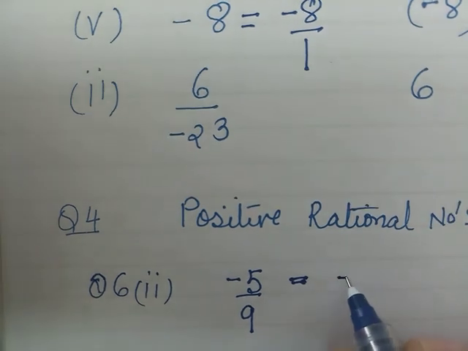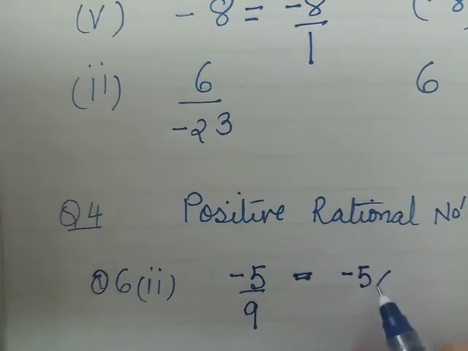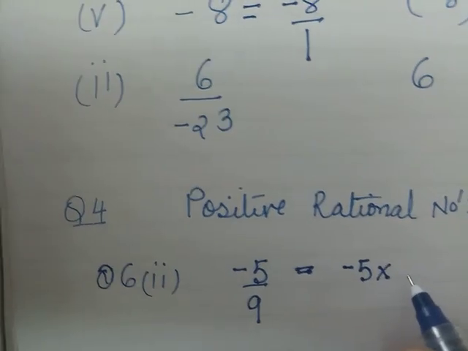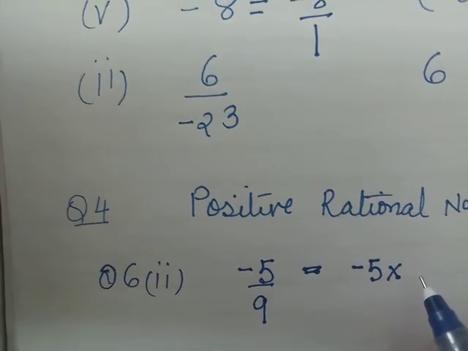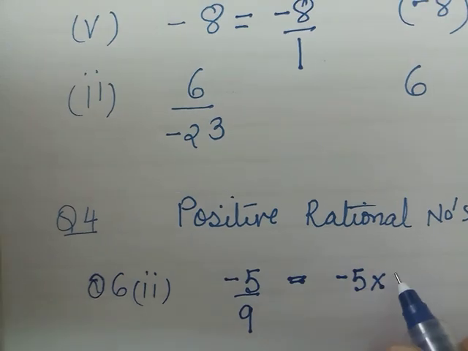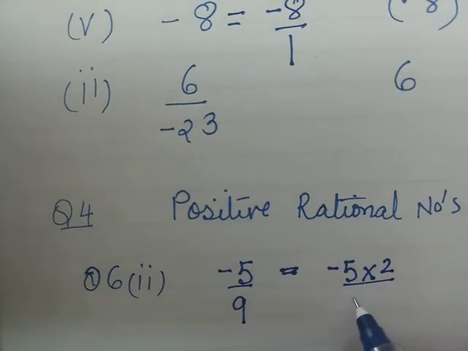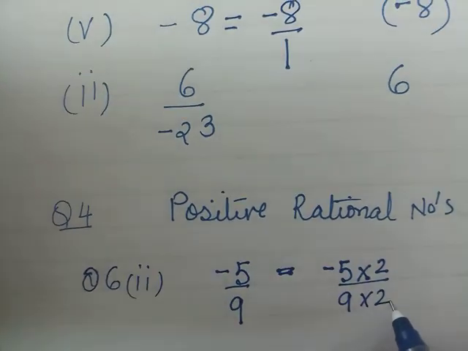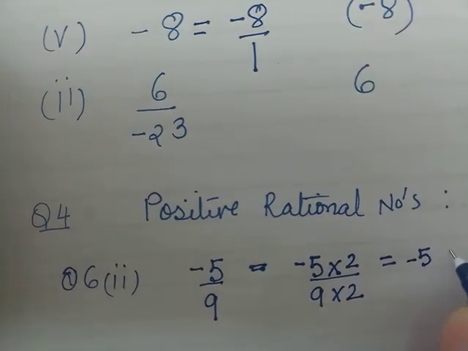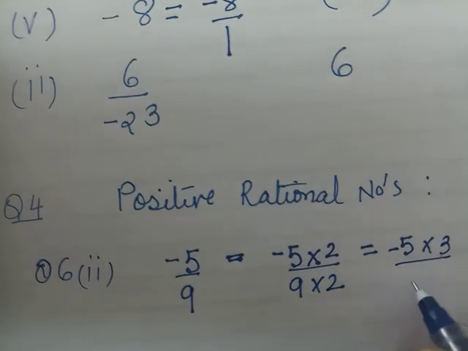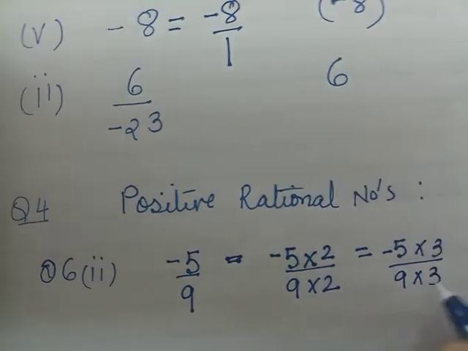To find equivalent rational numbers we can multiply by any number. Whichever number we multiply by, it should be multiplied in the numerator as well as in the denominator. So I multiply it with 2. So 9 will also be multiplied by 2. As we have to write 4, we can write 4 rational numbers like this.